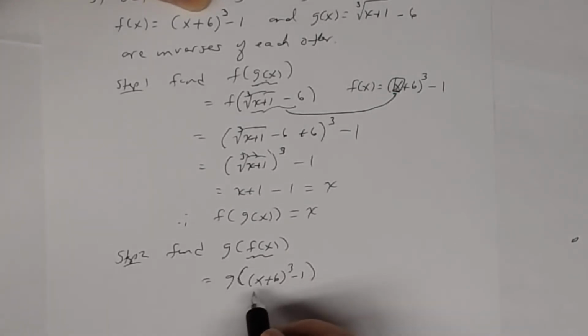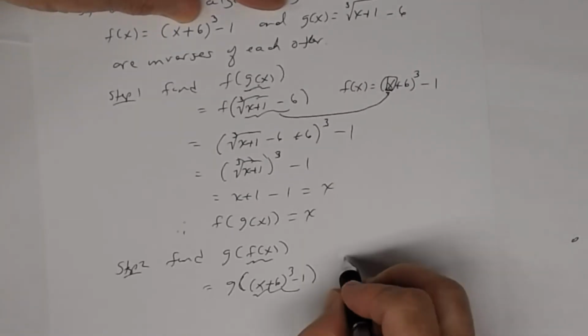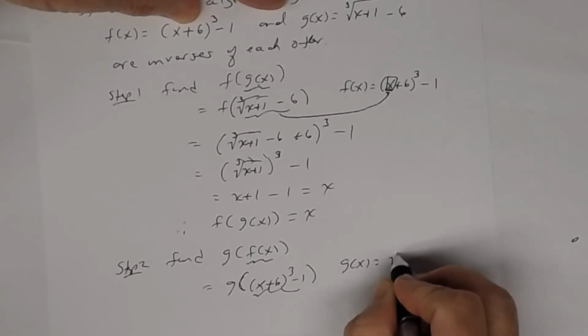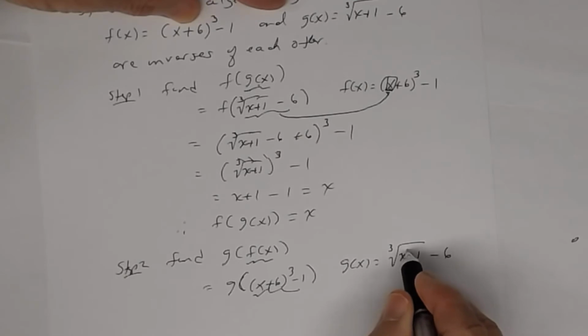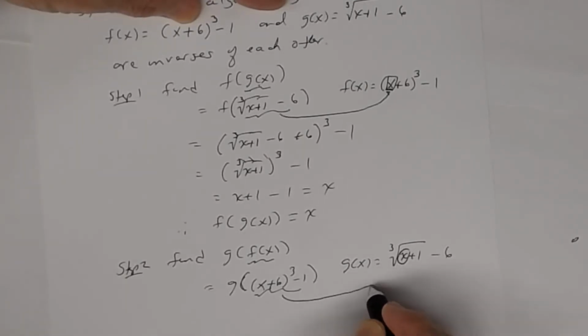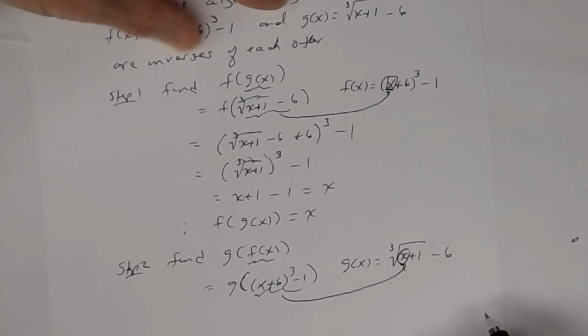Now I'm going to take this and put it into my function g where we see the variable x. Remember, this is g right here, so I'm going to rewrite it over. g of x is the cube root of x plus 1 minus 6. So in place of this variable right here, I'm going to take all of this and put it right here. Okay?